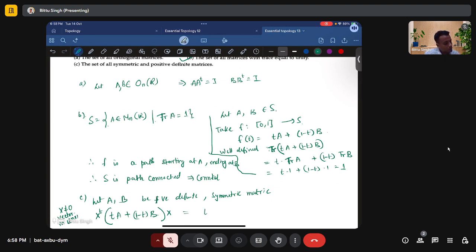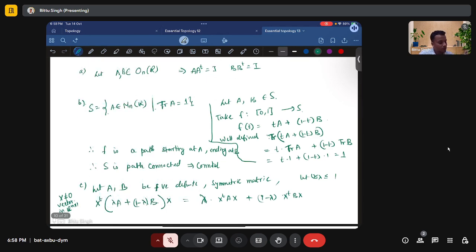Then this is the same as t times... I should not write t because there are lots of t. Instead of t, let me write 1 minus lambda. Let lambda be in [0,1]. So this is lambda times x transpose Ax plus 1 minus lambda, taking common, x transpose Bx.